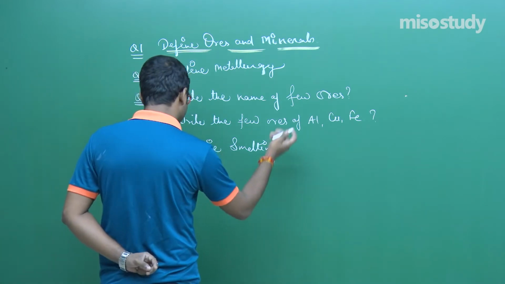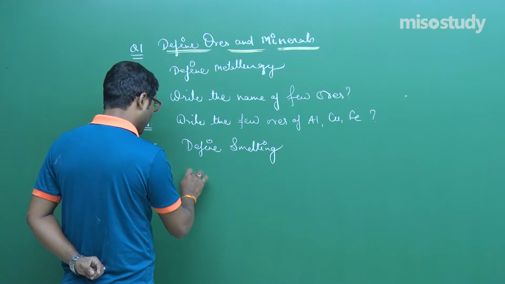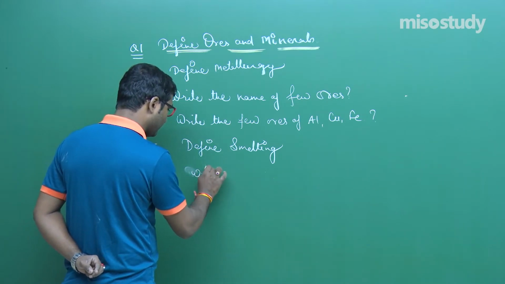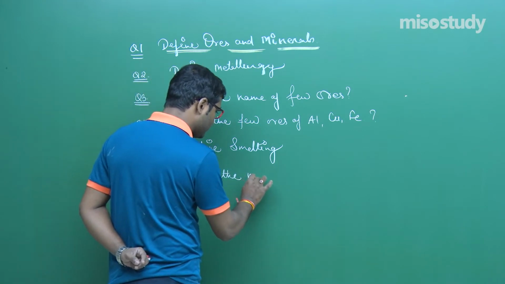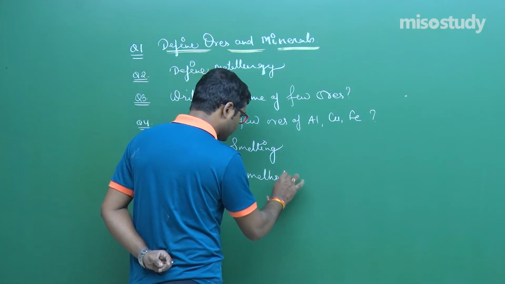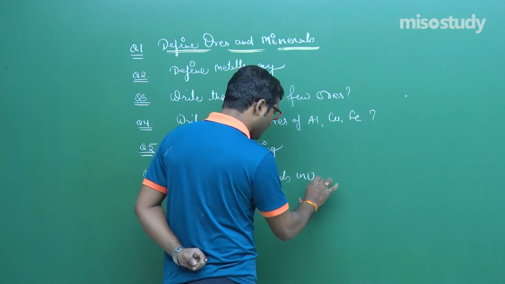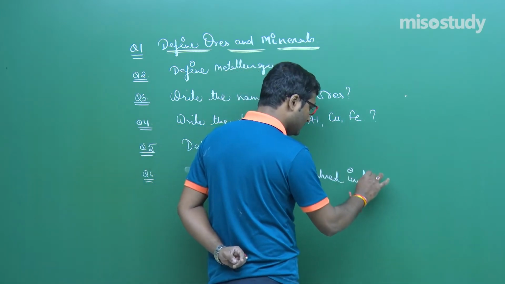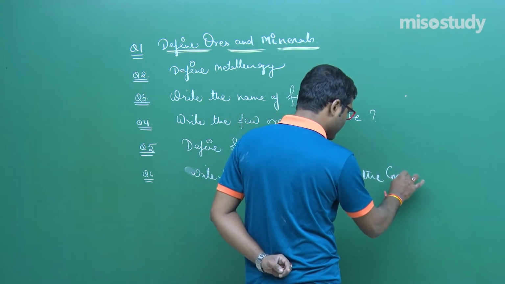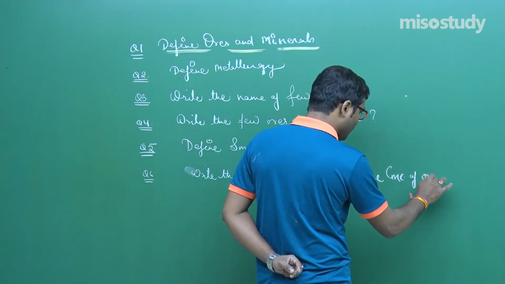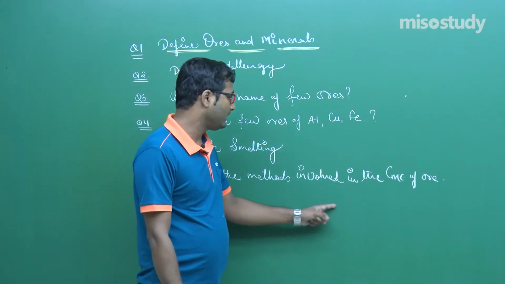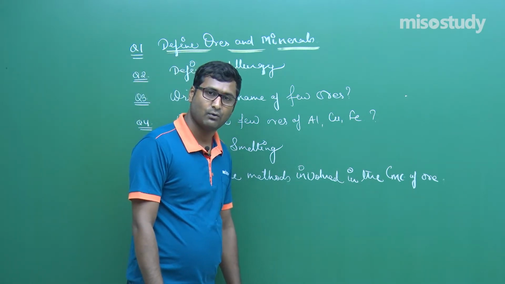The next one is write the methods involved in the concentration of ore. What I am telling? Write the methods involved in the concentration of ores.